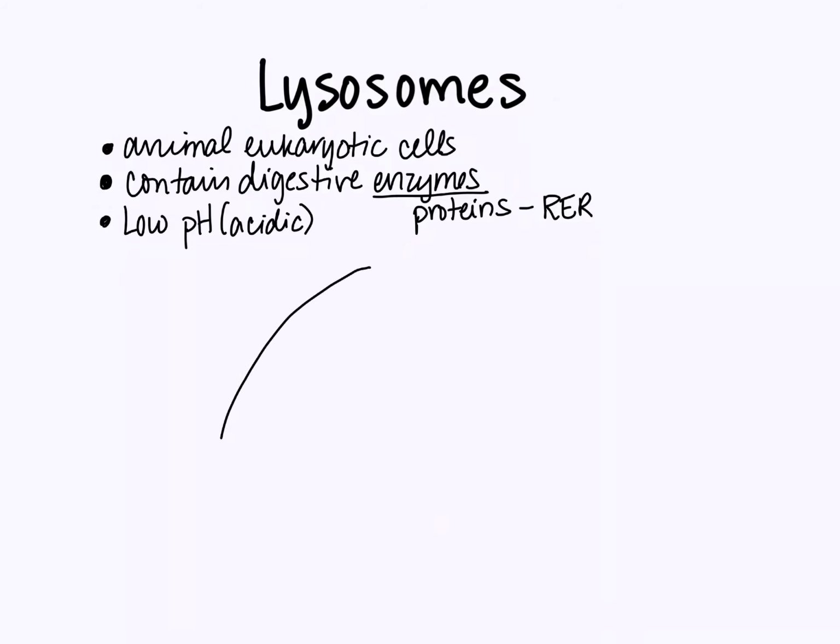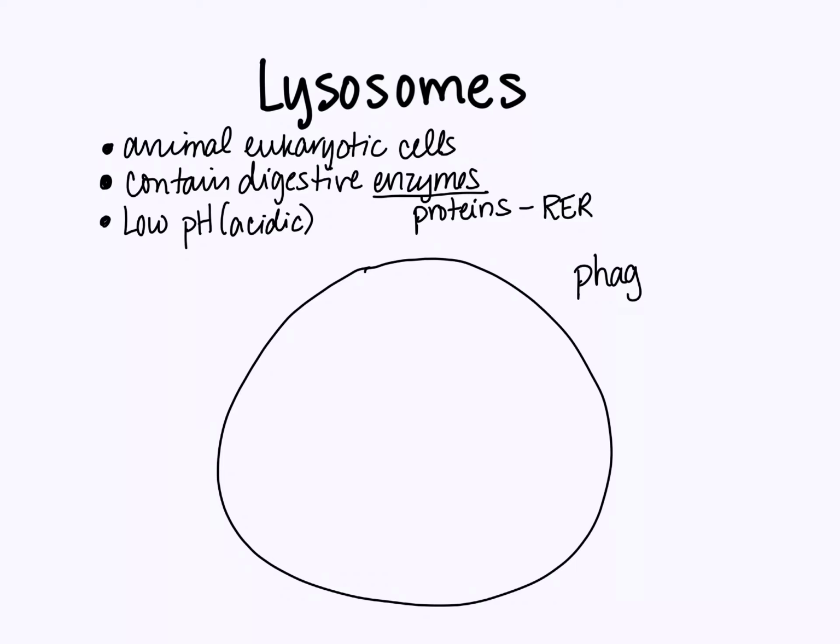So if we were to draw the membrane of a cell here, and we'll pretend like this cell is something called a phagocyte. And you can learn more about phagocytes when you learn more about the immune system. And so what these phagocytic cells are able to do is they have these lysosomes present. Remember that these lysosomes have these digestive enzymes in them. Now, these cells are able to engulf a foreign particle.